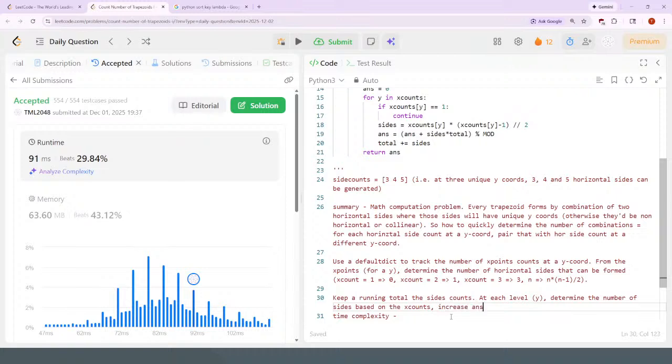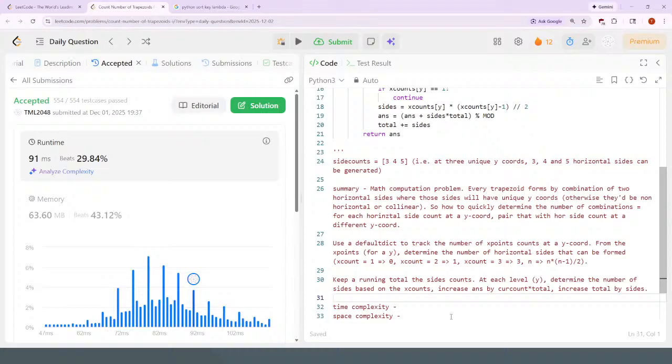Increase answer by the current count times the total, and then increase the total by the sides, which is the current count, yes.